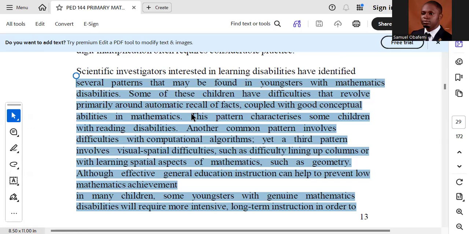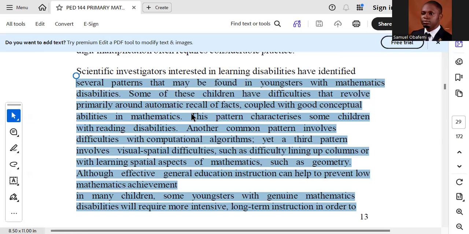Especially when you're solving calculations that involve multiplication, you will definitely branch into division. So you cannot teach fractions when the child doesn't understand division of the whole into parts. So mathematics teaching should be clear, systematic, and based on prerequisite skills. That is what we're trying to say.